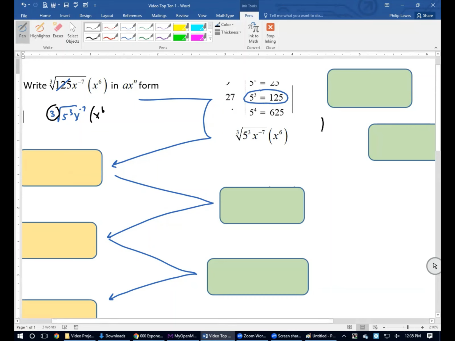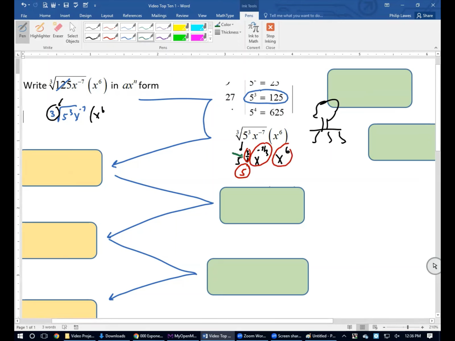Just like a tree has the roots at the bottom, well, that root's going to become the denominator. That's going to be 5 to the 3/3 and x to the negative 7/3, x to the 6th. Of course, you know that 3 divided by 3 is 1, so that's just 5 to the 1 power. So that's going to say 5 x to the negative 7/3, x to the 6th.